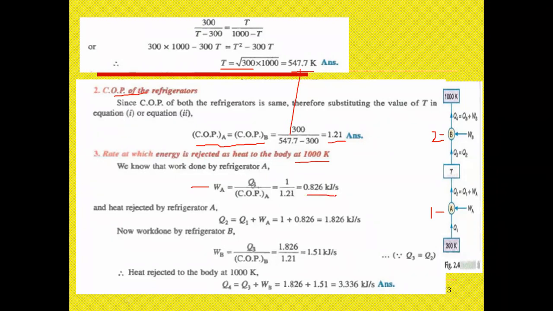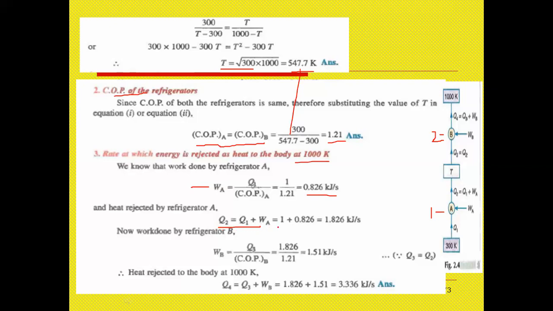Now the heat rejected by the refrigerator, Q2, is equal to Q1 plus WA. Generally heat rejection is W equal to Q2 minus Q1, so here we need Q2, the energy rejected.